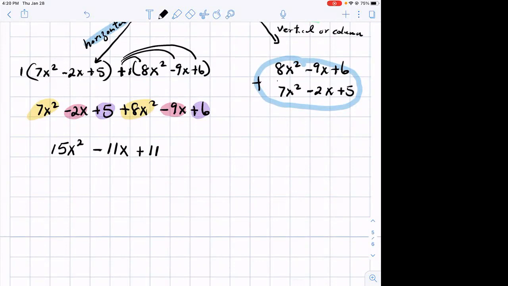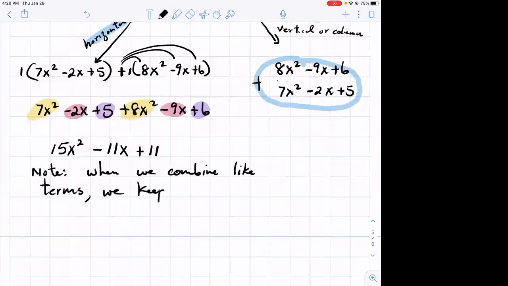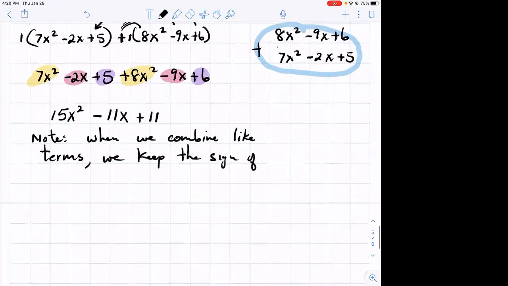So please note, when I'm adding, I'm taking the sign with each term. So note, when we combine like terms, we keep the sign of each term as we combine them.